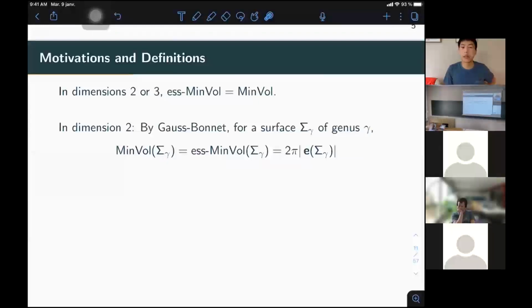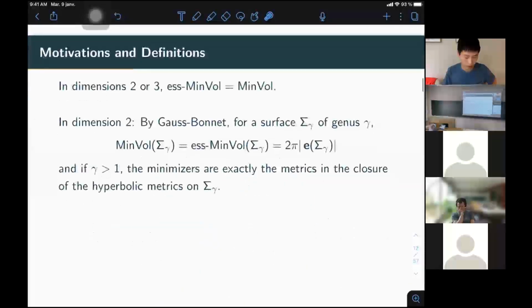So it's given by the genus of your surface. Moreover, if gamma is strictly larger than 1, the minimizers of the essential minimal volume are exactly the metrics that are in the closure of the space of hyperbolic metrics on your surface.